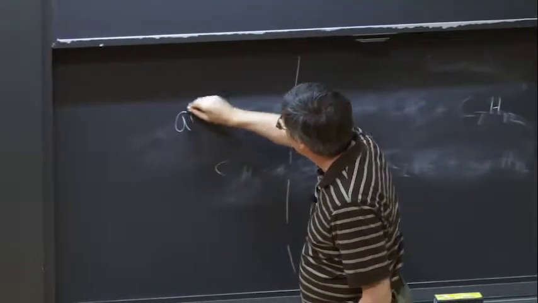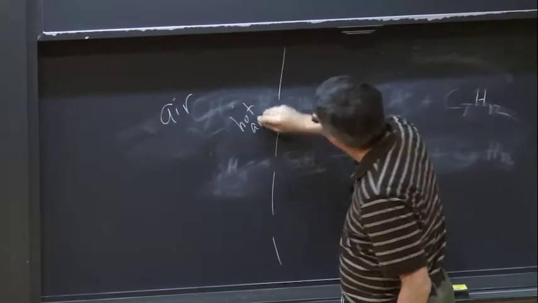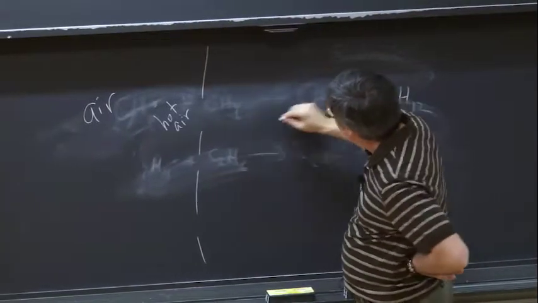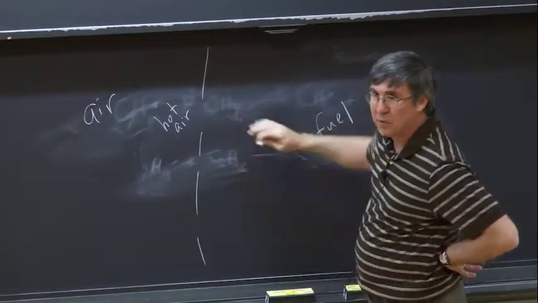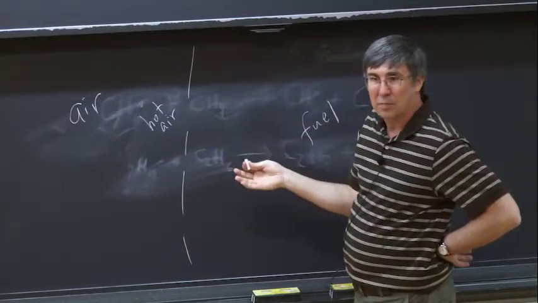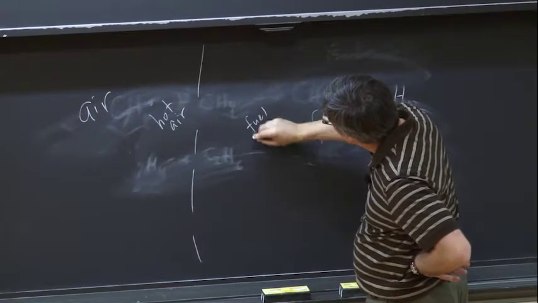Over here is air. In here, there's hot air. Okay? Over here is fuel. But you don't get to hot fuel because the fuel reacts as it gets hot. So here you have fuel breakdown products.